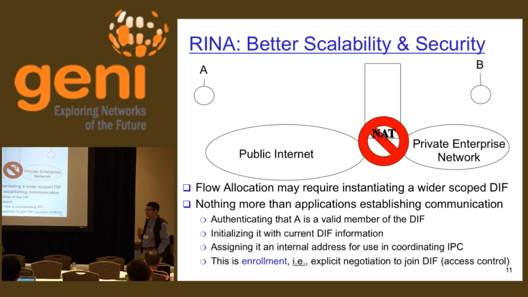But basically, in our case, in this architecture, we support that dynamically by trying to establish a higher communication layer here, a DIF layer, that spans both these networks. So you think of these as lower layer DIFs or communication services, and I want to build something on top here to allow A and B to talk to each other.